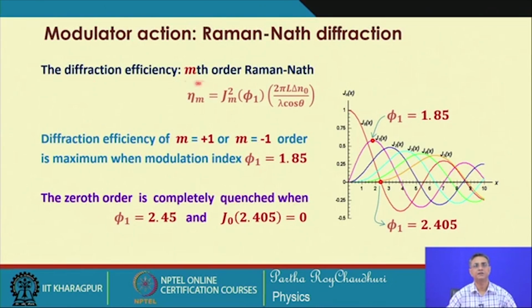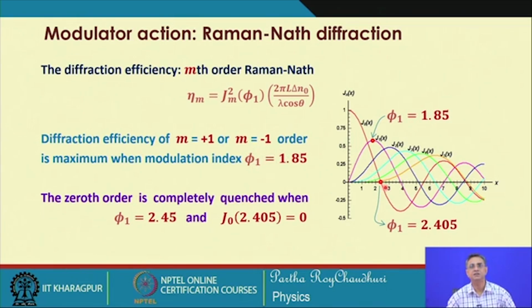Therefore, the diffraction efficiency in the mth order will come from here, Jm square of phi 1, where phi 1 is the phase which will come from here. Now, the diffraction efficiency in the plus minus 1 order is zero when the modulation index phi 1 is equal to 0, because that is the 0 of the Bessel function J1.